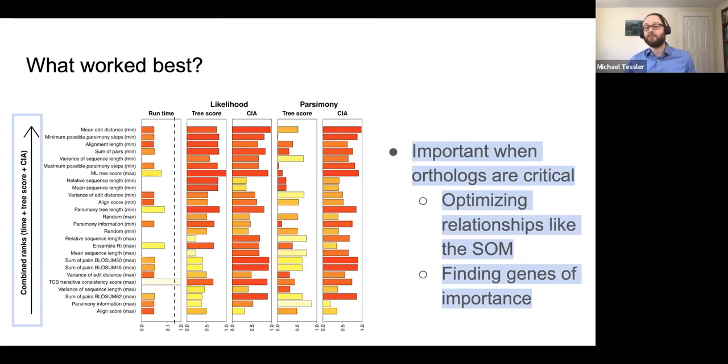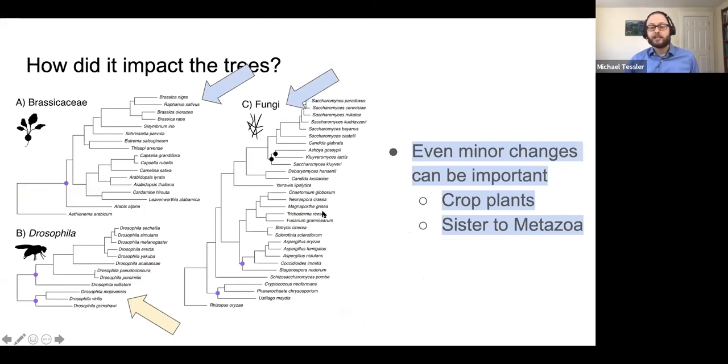So if we're changing even 5% of them, we're making really large changes compared to what we're able to do in terms of gathering new morphological data. So it's really important to squeeze out as much from morphology, squeeze out as much from molecular, and ultimately get at the best result you can. And so when we made our concatenated analyses using the best metrics we had available, we find that these are generally relatively robust data sets.